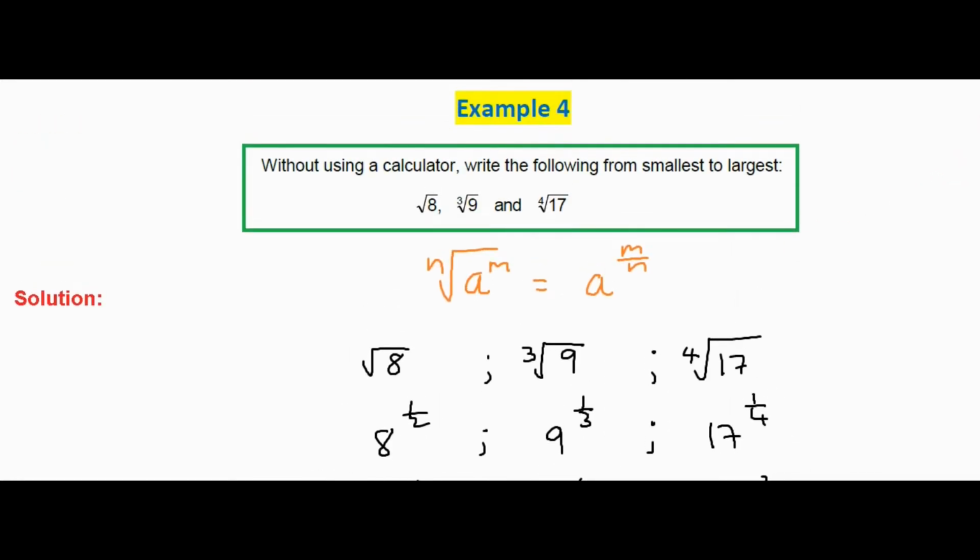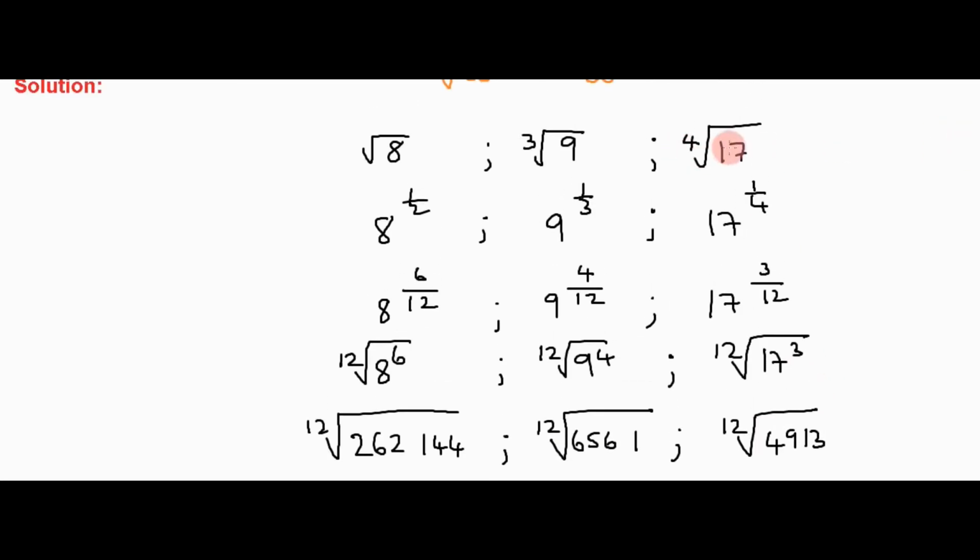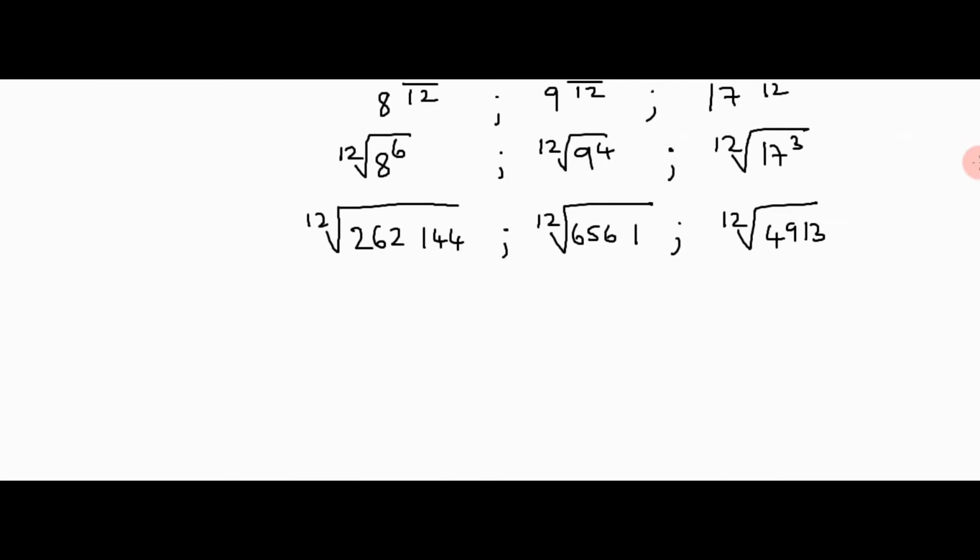Now the question said, write from smallest to largest. The smallest number under these surds is 4913, and that was the fourth root of 17. So the fourth root of 17 will be the smallest.